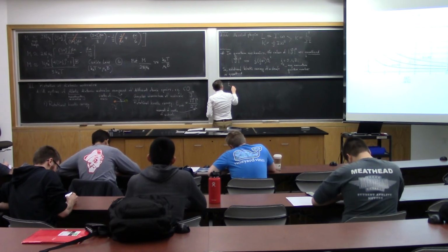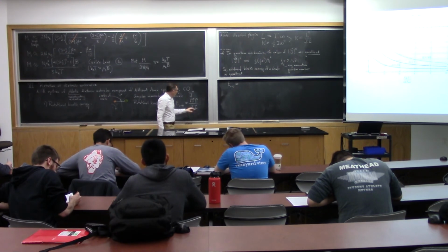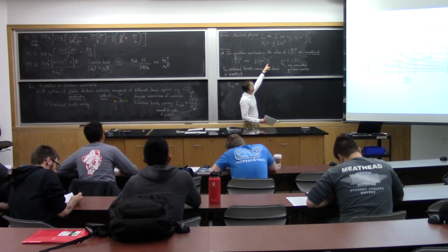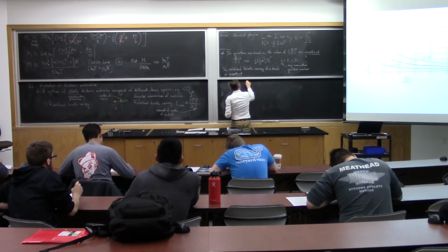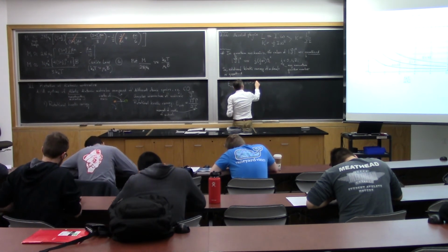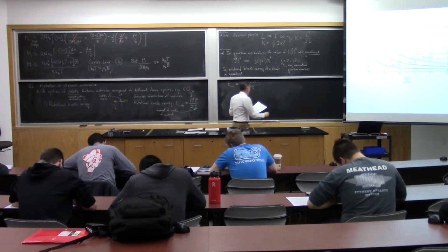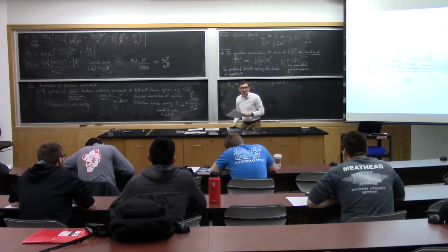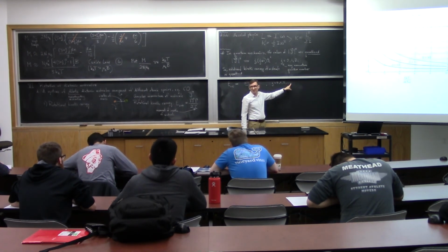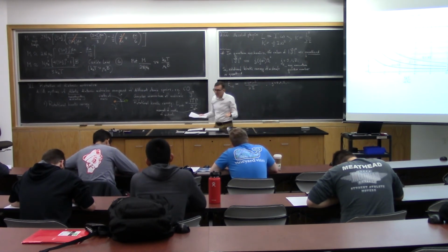So E rotational is the magnitude of the angular momentum squared over 2 times the moment of inertia. But the values of the magnitude of the angular momentum squared are given by this expression in terms of this new quantum number, little j. So this is j times j plus 1 times h bar squared all over 2I, where little j can be 0, 1, 2, and so on. Note there's no end to this sequence. No end. Goes on forever, in principle.